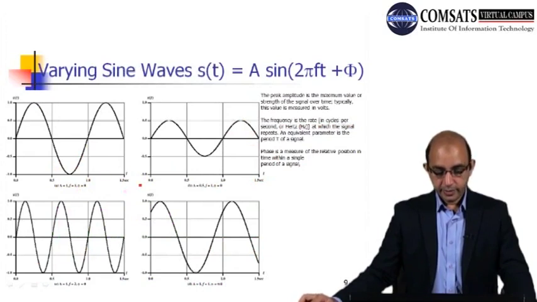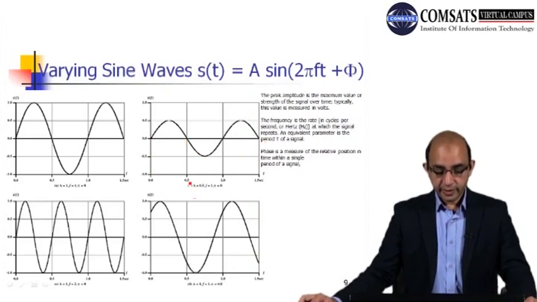And here again on the right hand side, in the upper part of the figure, we have again s of t, amplitude. The y-axis represents the amplitude, and we have time over the x-axis.